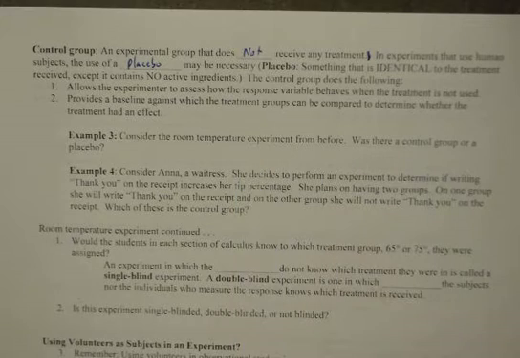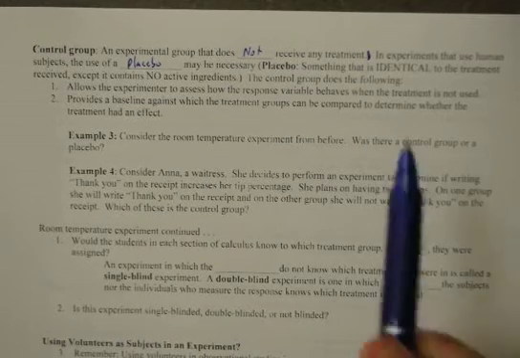So if you're experimenting on whether or not a pill affects a cancer, you're going to take your group of individuals that are getting the treatment, you're going to randomly assign some of the individuals to get the pill with active ingredients, and you'll randomly assign some of the individuals to get a pill that does not have any active ingredients. The pill that has no active ingredients group will be called your control group, and they'll be getting a placebo.